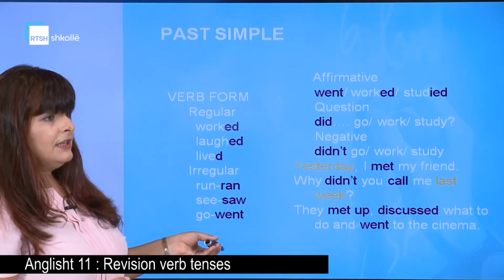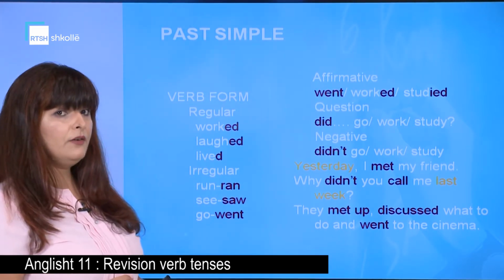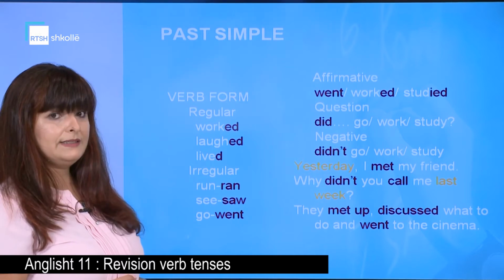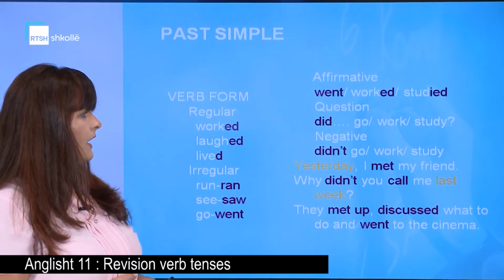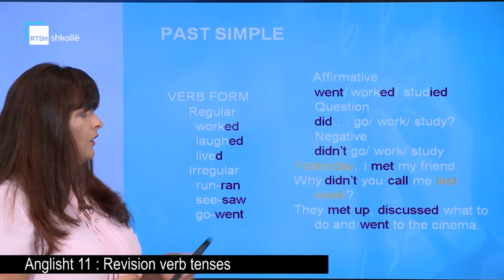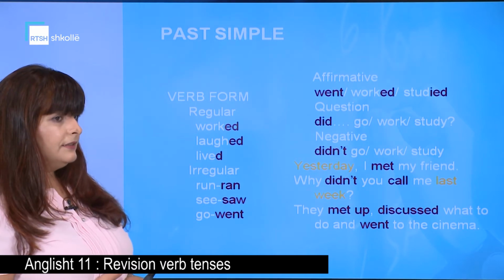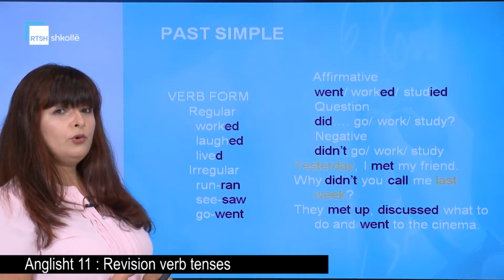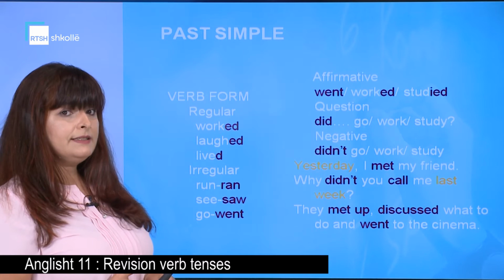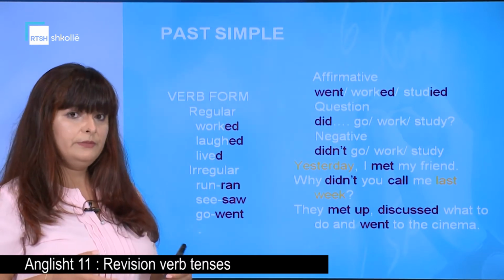So, by saying this, we have covered the affirmative form of the verbs in past simple. How do they form the interrogative form or the question? As we said, the structure of a question is auxiliary verb, subject, and main verb.